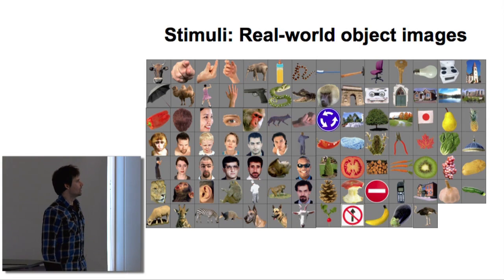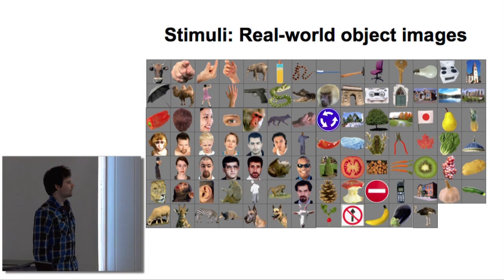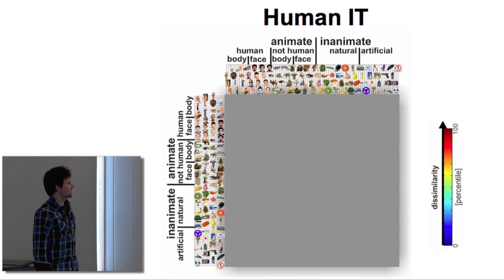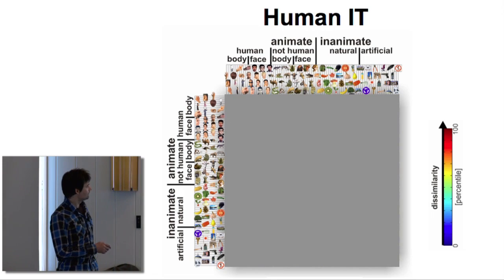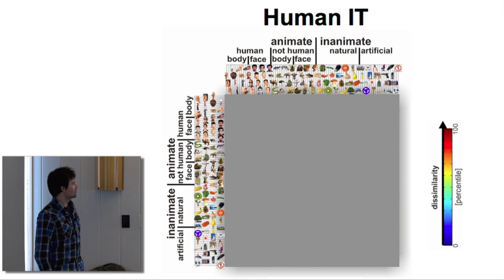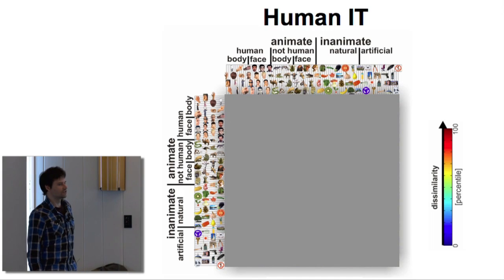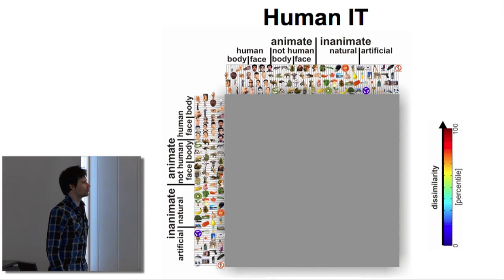So when we do take this approach for a set of images like this one, we get a matrix like this. So this is quite a rich matrix because it has about 100 images along the 2 dimensions. So what does this look like? Here I'm using this color scale with warm colors indicating large dissimilarities, so clear distinctions.